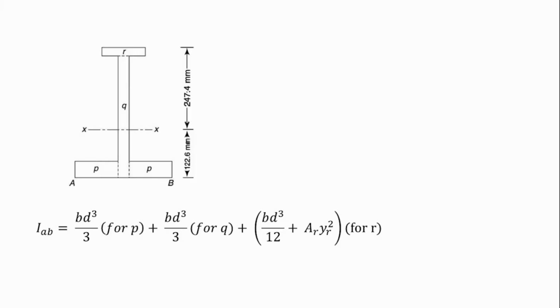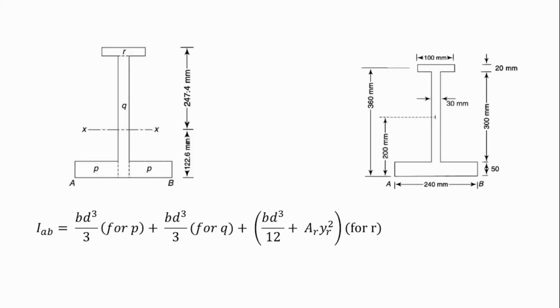For P, which is the tension flange, we know that AB is 240, but since we have cut off the web, the web was given as 30 mm thick. So note that B for P will not be 240, it will be 240 minus 30. And then for D, we already know D is 50.